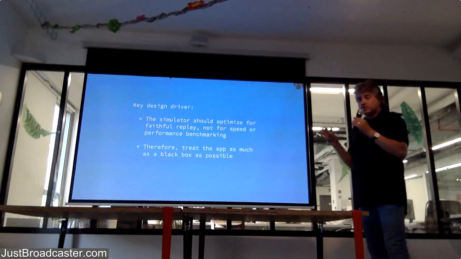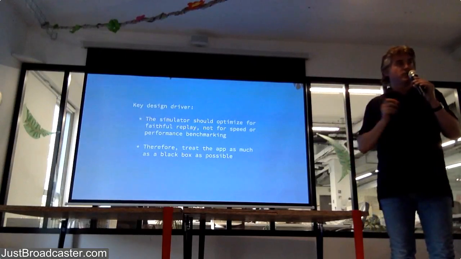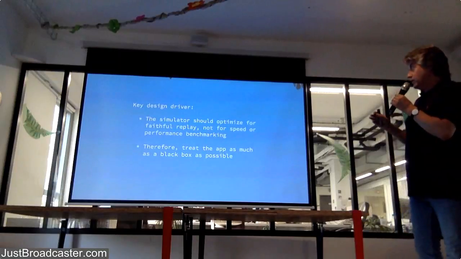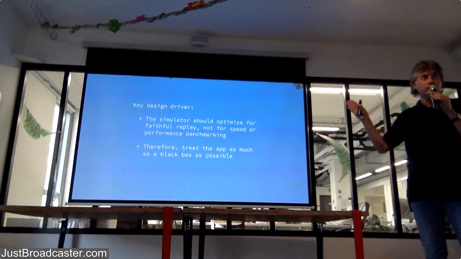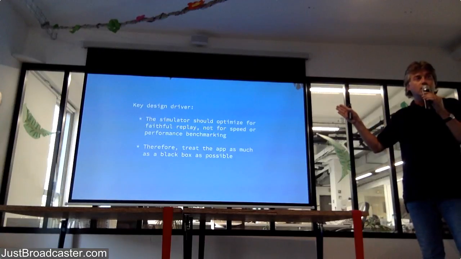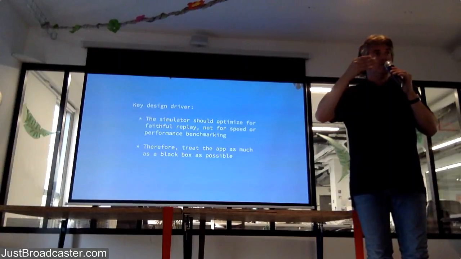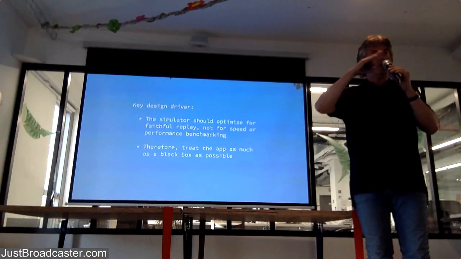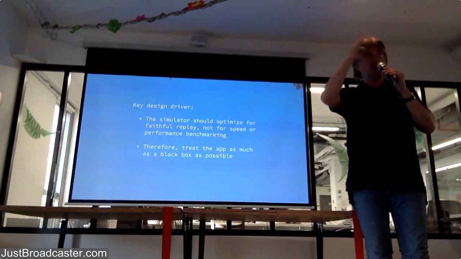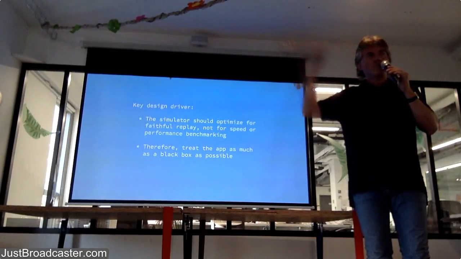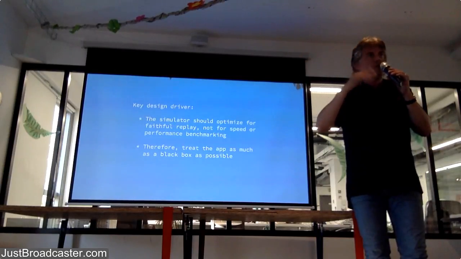So this yields a key design driver in this project, which is that the simulator should optimize for a faithful replay. Because the word simulation is going to mean many different things to many people. Some people really think of visualization, others something else.